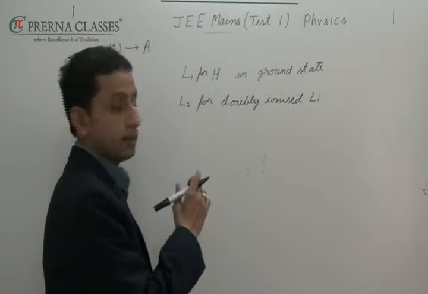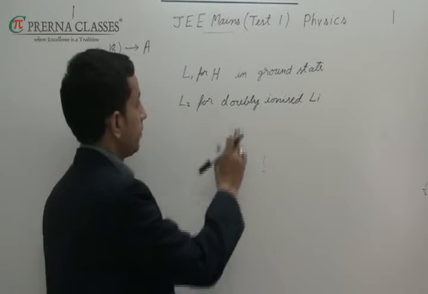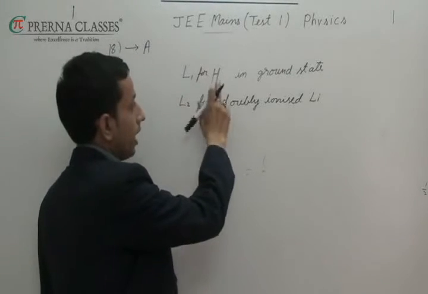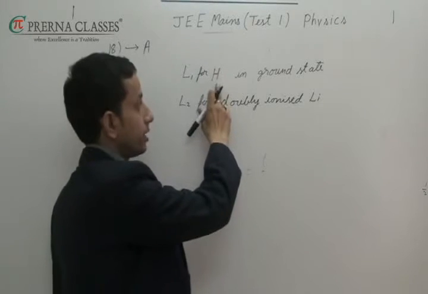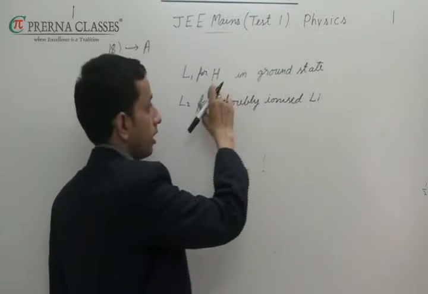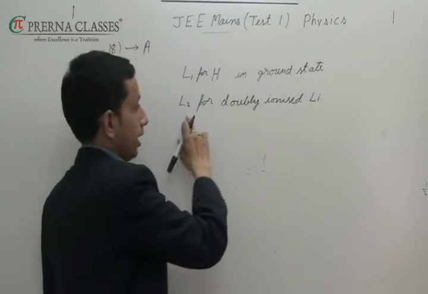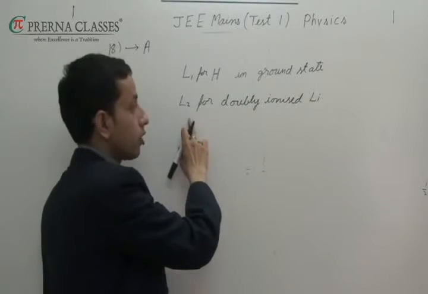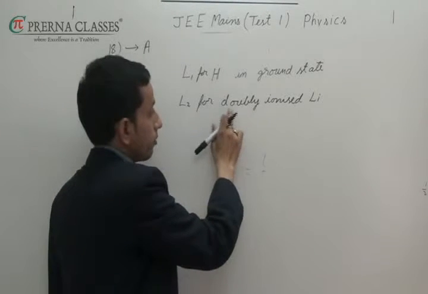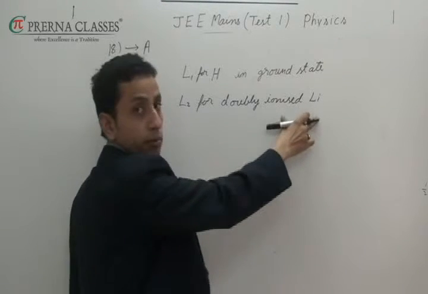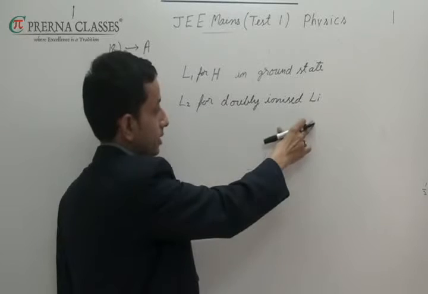Come to question number 18. In this question it is given that L1 is the angular momentum of the electron in a hydrogen atom in ground state, and L2 is the angular momentum of the electron for doubly ionized lithium in first excited state.